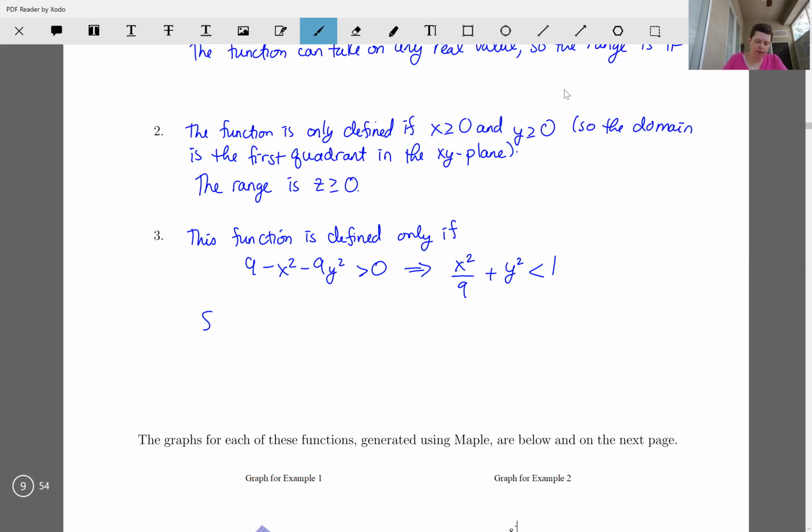So another way to say this is that the domain is the interior of an ellipse, specifically that ellipse, in the xy plane.